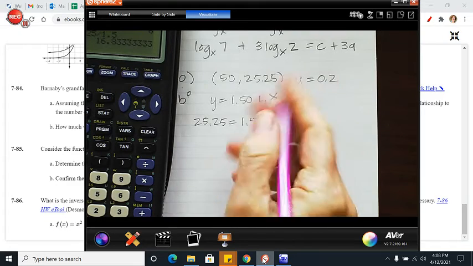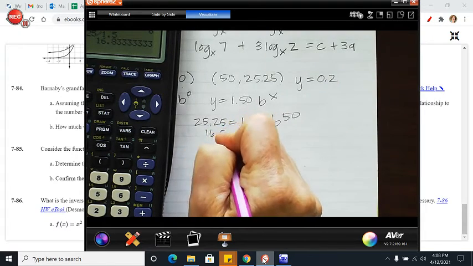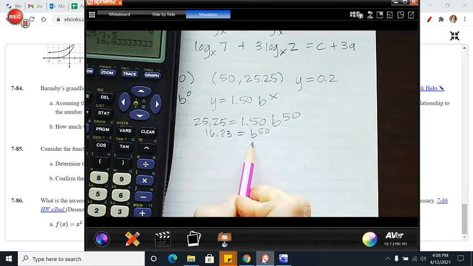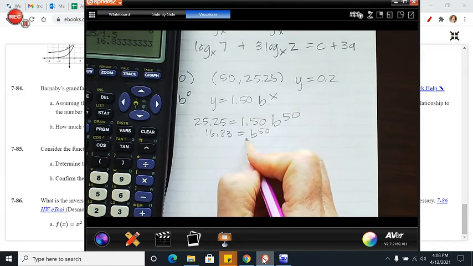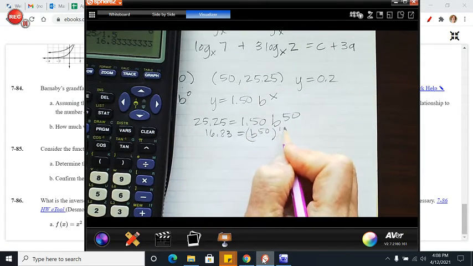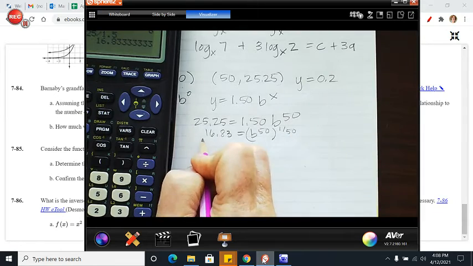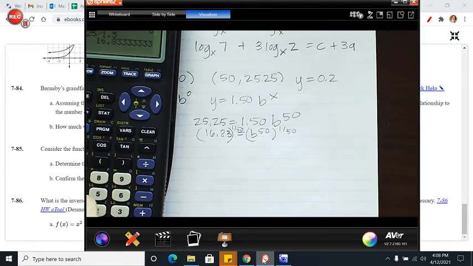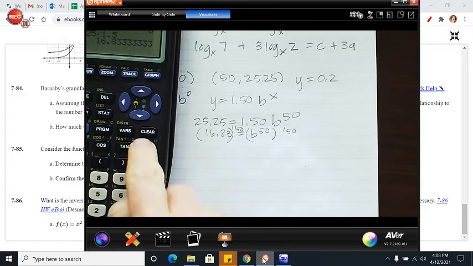Divided by 1.5 is 16.83 equals B to the 50th. So I'm going to raise this to the 1 over 50th power. That's taking the 50th root.